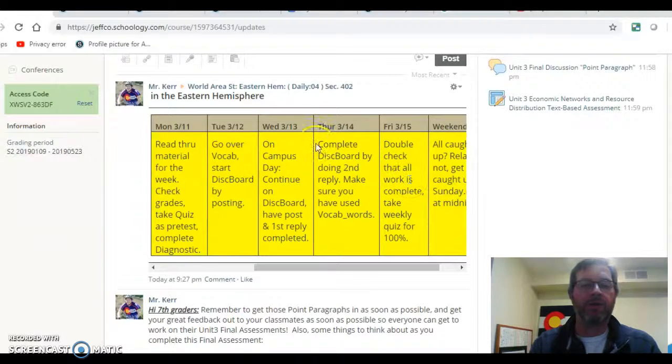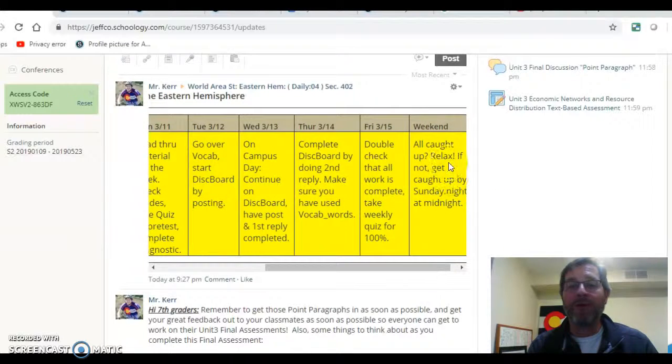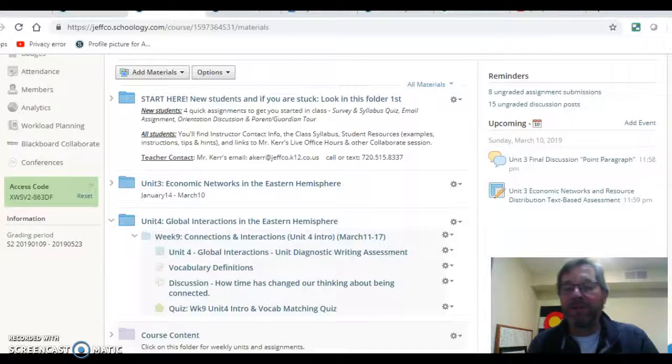Whether you're someone who comes on campus or not, this is a suggested schedule that I think works for most people. And then, as always, if you're all caught up and you're done by Friday, then you have the whole weekend to yourself. I know a lot of you like to try and get everything in over the weekend, but anyways, following the suggested schedule is my strong suggestion to you.